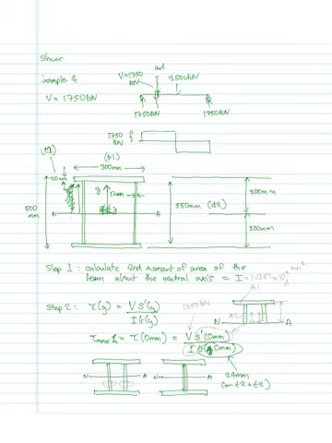If that area had been A1 and that area had been A2, it would be A1 multiplied by the distance to the centroid of the first shape, plus A2 times that distance there to the centroid of A2, and then plus another A2 times exactly the same distance, and that would give you the value of S dash at the neutral axis. The value of V is going to be 1750 kilonewtons.